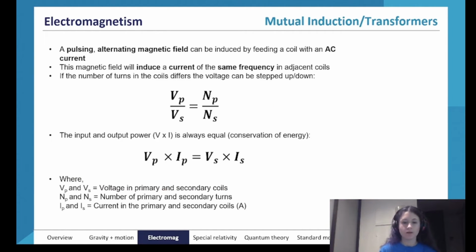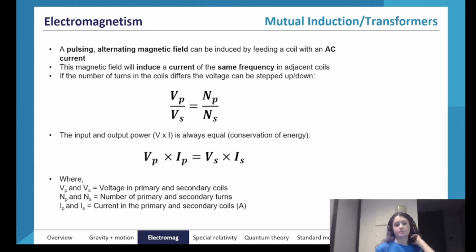Okay, getting on to mutual induction and transformers. So this topic is pretty simple. We'll go over it kind of quickly. A pulsing, alternating magnetic field can be induced by feeding a coil with an AC current.